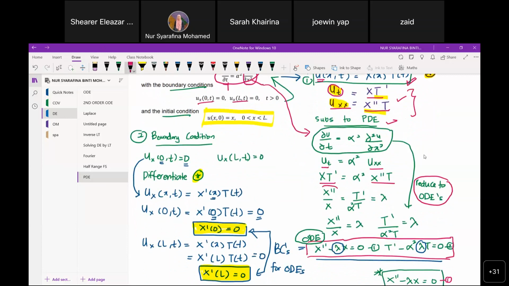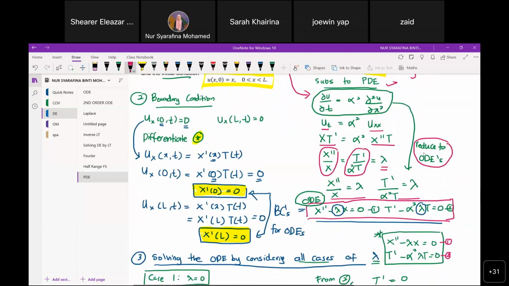So we have X''/X = T'/(α² T). Then these two expressions are equal only when there exists a constant lambda, so we can separate them, each equal to lambda: X''/X = lambda, and T'/(α² T) = lambda. Rearranging, we have these two equations as our ODEs.